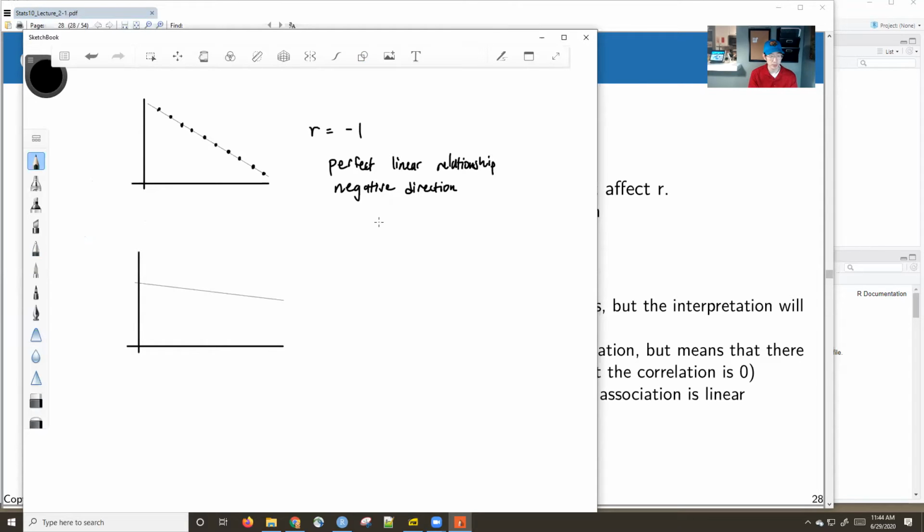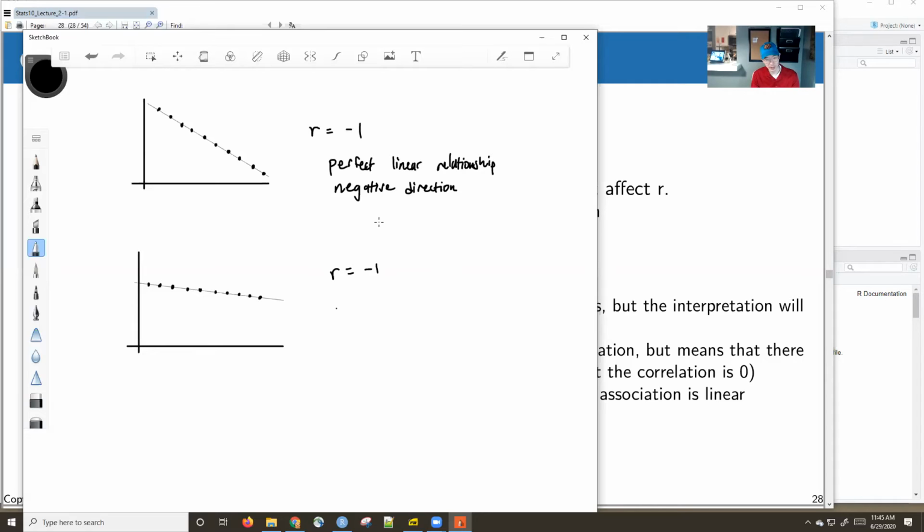Here's my question: what is the correlation of this plot here? A lot of people are putting in the chat -1, -1, -1. Very good. R is also -1.